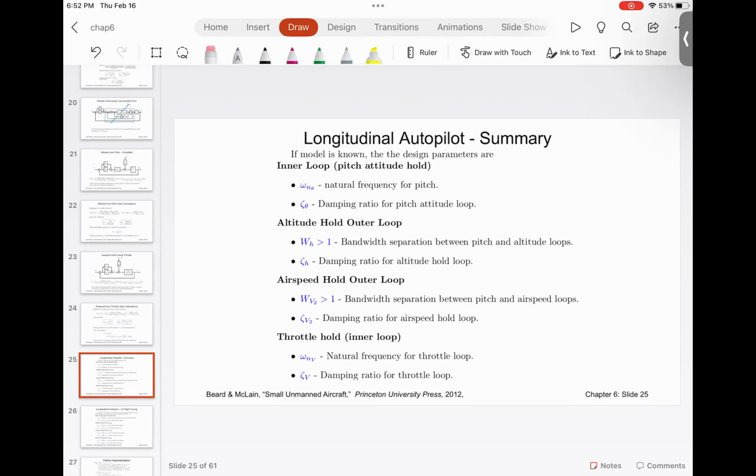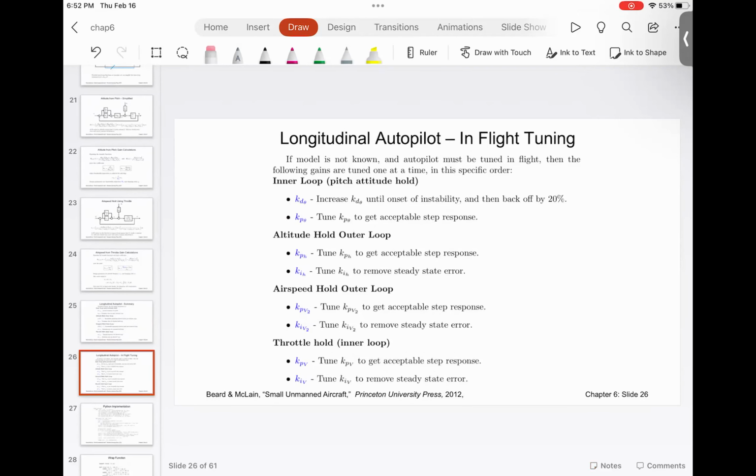You have an inner loop, you have an altitude hold loop, you have an airspeed hold loop, and you have a throttle hold loop. Once you control these loops, basically you have a theoretical autopilot that you are ready to implement on hardware. And again, just like lateral autopilot, these coefficients change depending upon the airframe, the weight, and the flight regime.